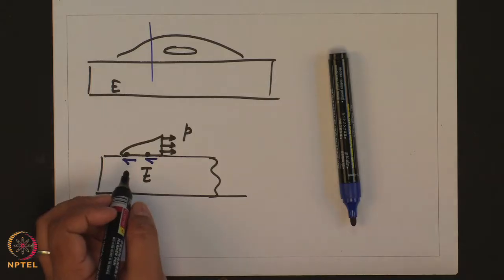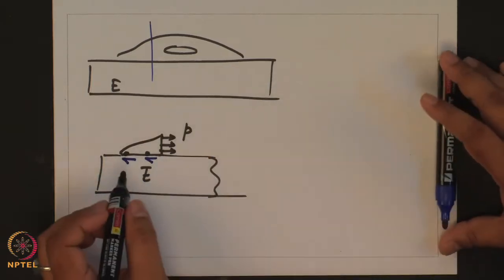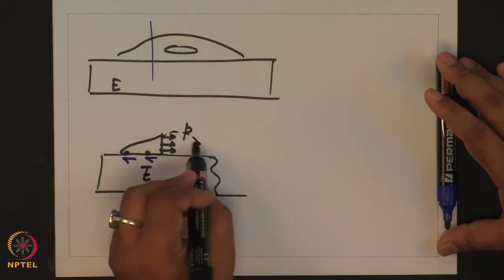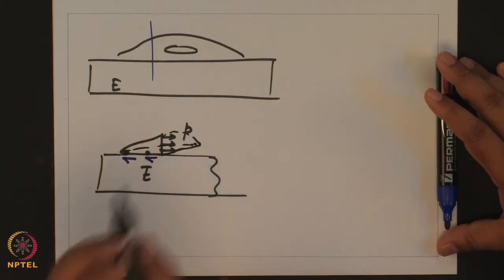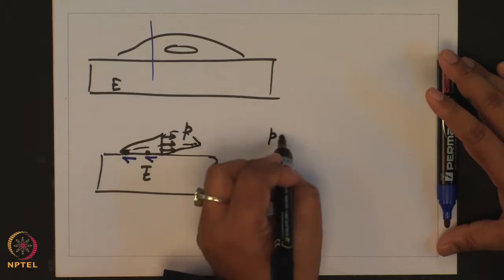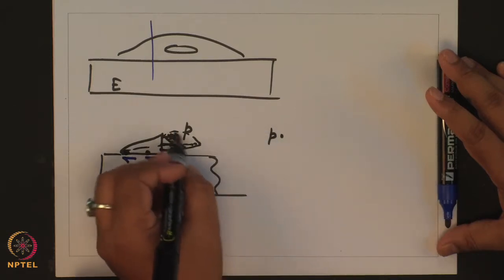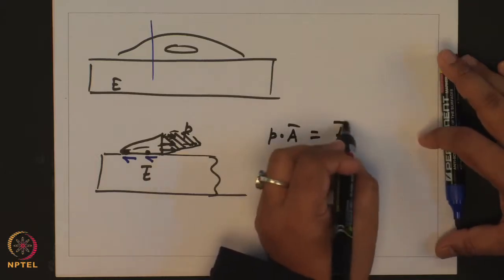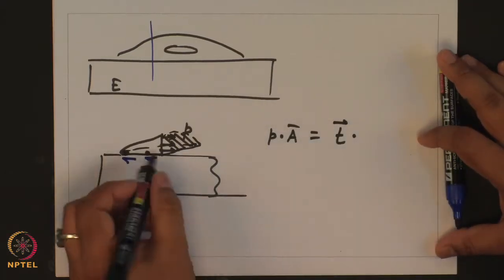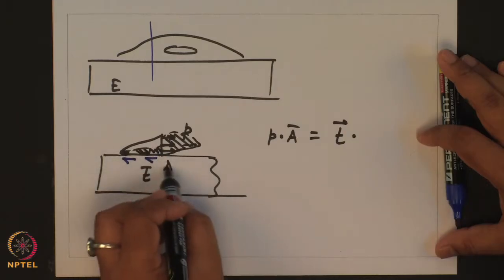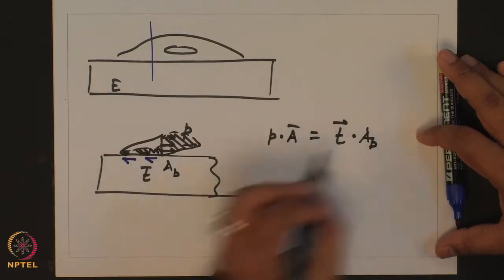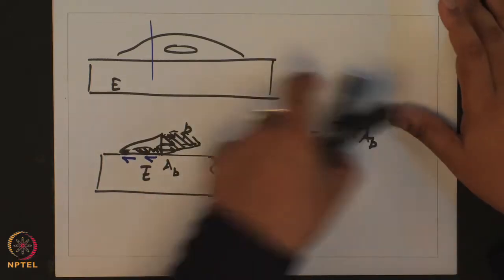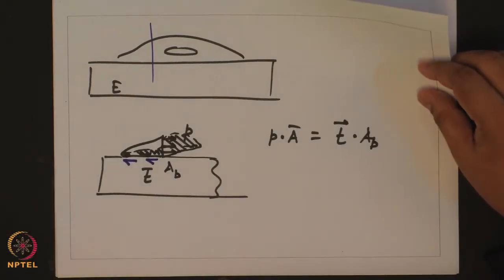So, you must have a force balance required by P. So, if I were to draw the whole cell in this way, this is a 3-dimensional surface, then P into this cross sectional area, let us say A bar, must be equal to T dot this base area A base. This is the force balance, and this is the basic ideology of doing traction force microscopy.